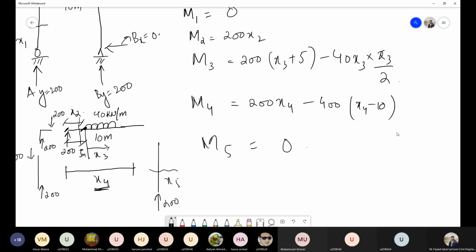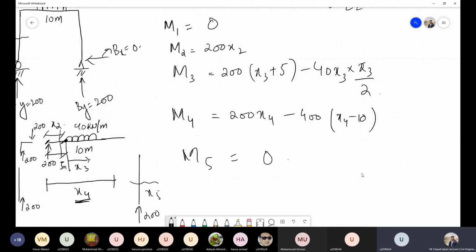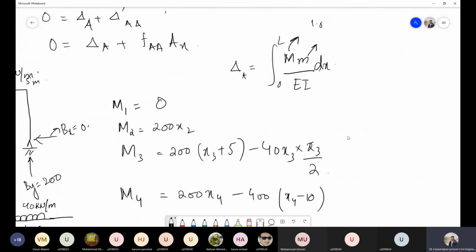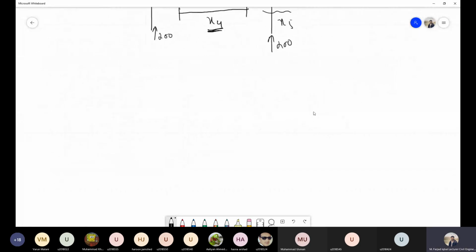So now we have 5 equations of moment, but still we need to find the small m. So now we will apply a load of 1, a unit load, at this particular point and write down the equations for other sections.